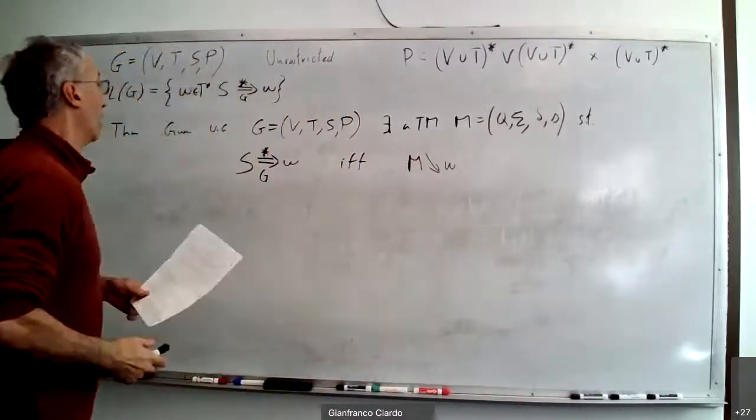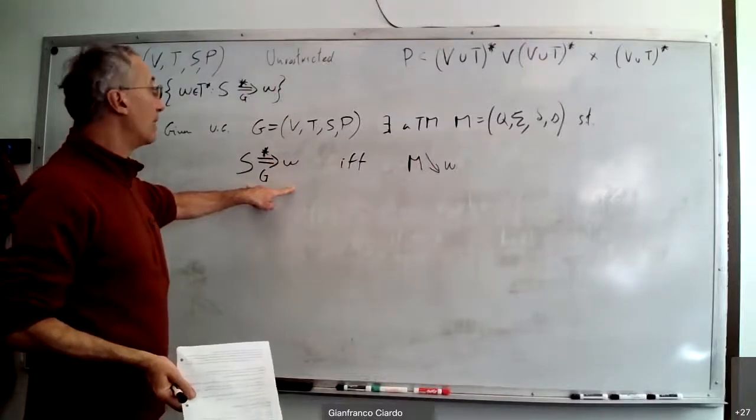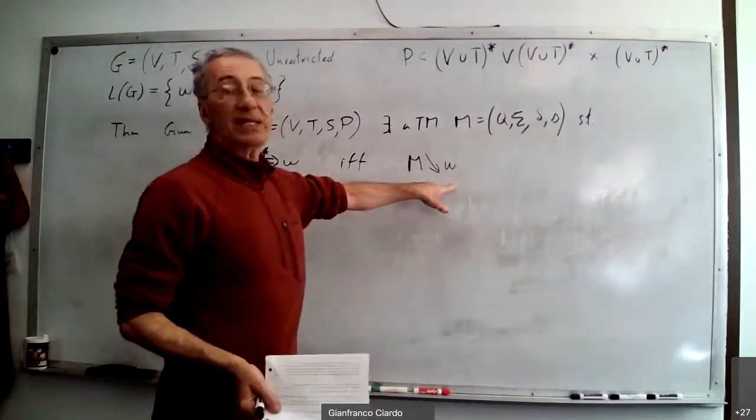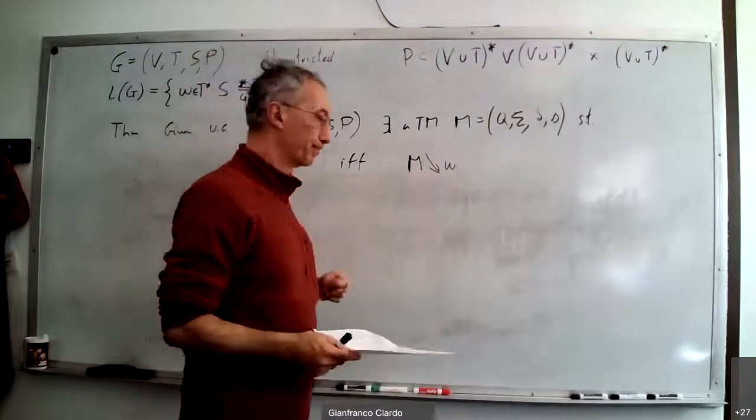So this is the language generated by the grammar, and this is the language accepted, not decided, accepted by a Turing machine.